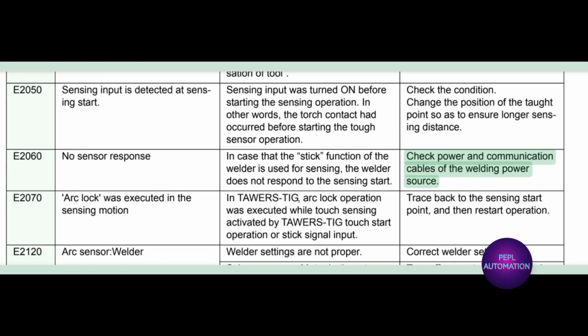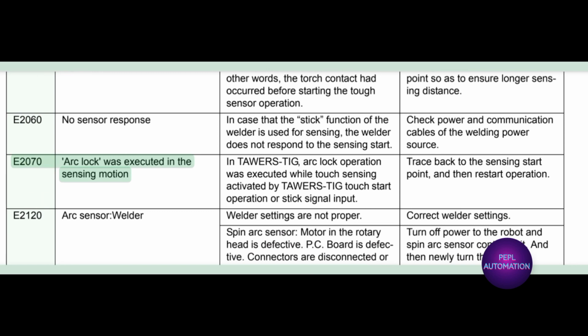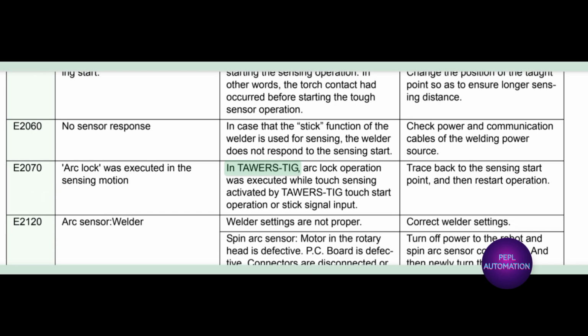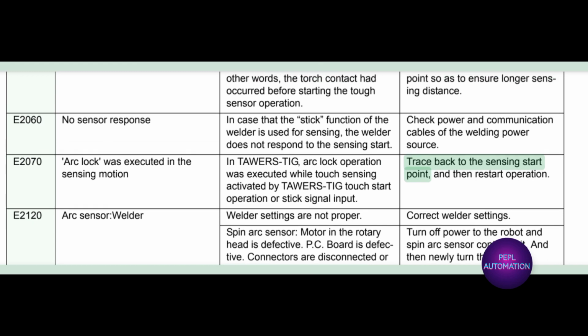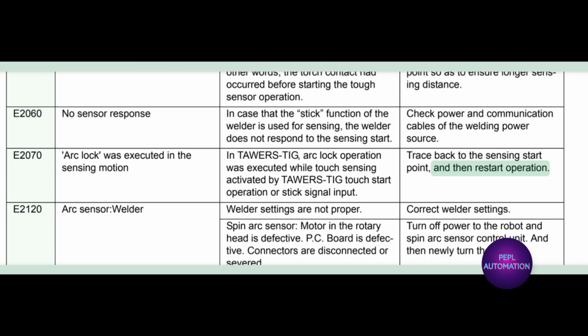Check power and communication cables of the welding power source. E2070 Arc lock was executed in the sensing motion. In TAWERS TIG, arc lock operation was executed while touch sensing activated by TAWERS TIG touch start operation or stick signal input. Trace back to the sensing start point, and then restart operation.